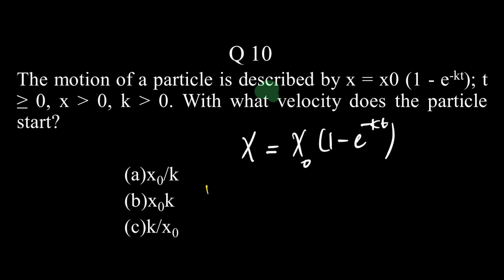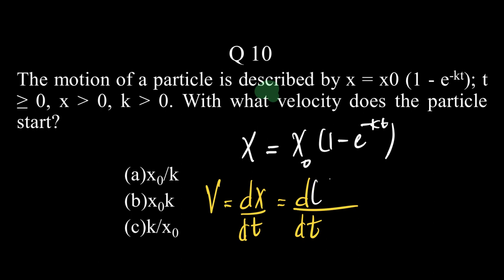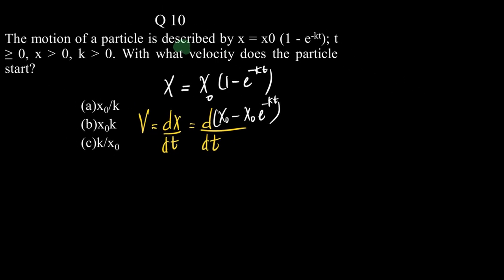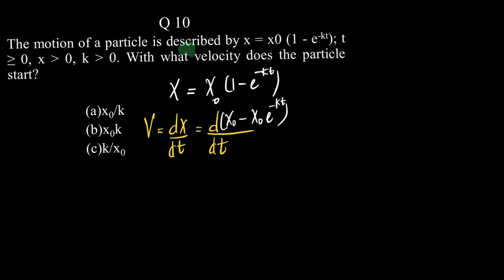Now, what is velocity? Velocity is the rate of change of displacement, which means we need to find the rate of change of x0 − x0 e^(−kt). Now, if we differentiate this further, what do we get?